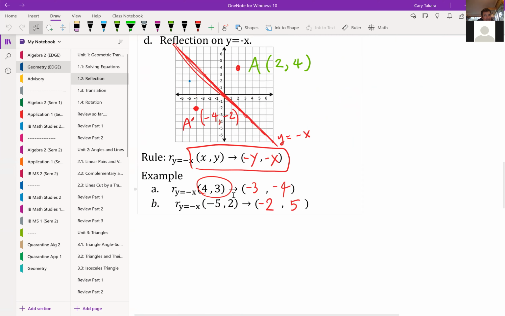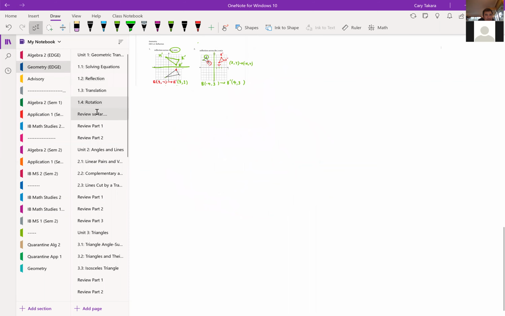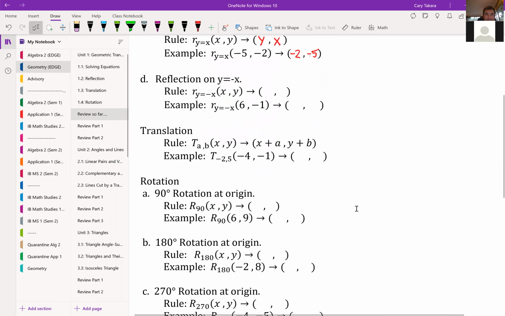And here it is. Here's the rule, x and y becomes -y, -x. Okay, so let's write it down. It's going to be -y, negative, or the opposite of y, and the opposite of x.